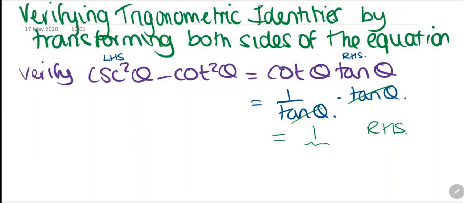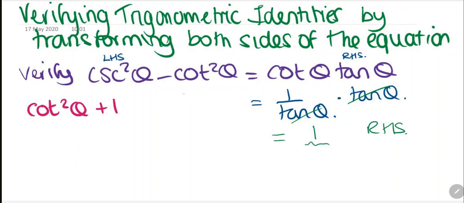So the first thing, we have squares. So we're going to look at the Pythagorean identities. And cosecant squared is equal to cotangent squared plus 1. So I'm going to change that to cotangent squared plus 1.